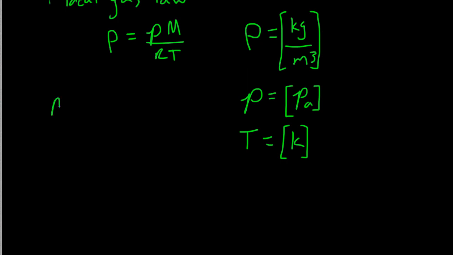The M represents the molecular weight of the air in kilograms per mole. And finally, the R represents the universal gas constant, which has units of joules per mole Kelvin.